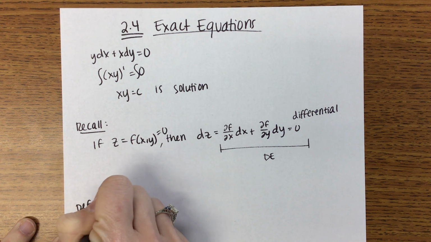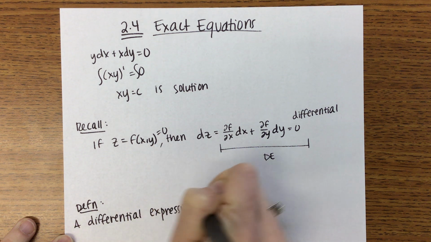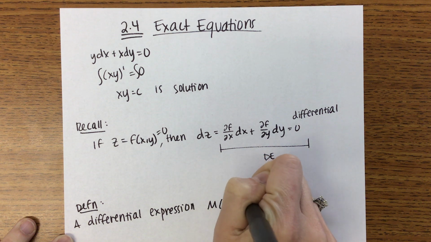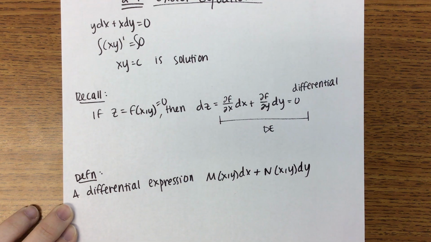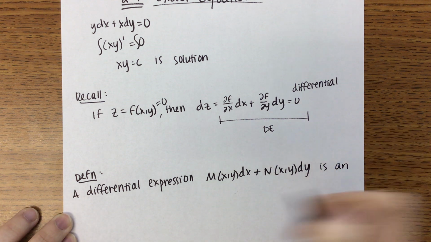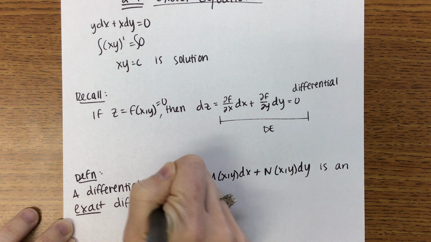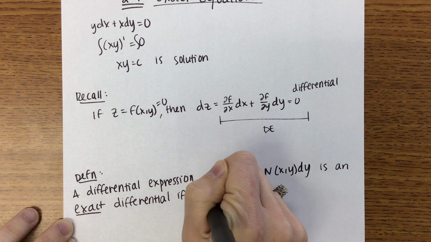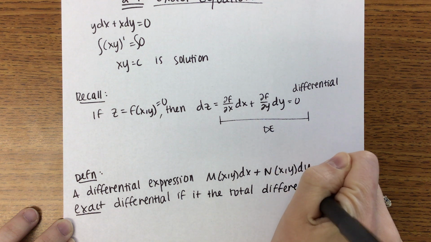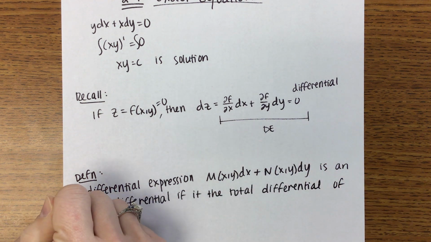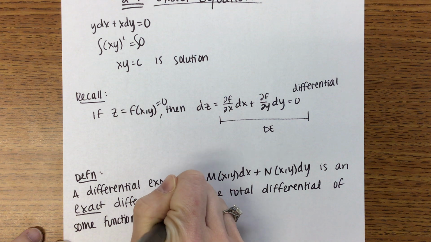A differential expression such as M of x,y dx plus N of x,y dy is called an exact differential if it is the total differential of some function f of x,y.